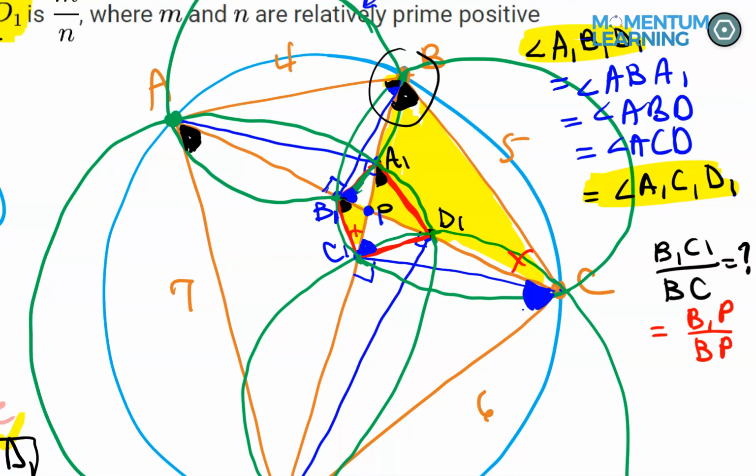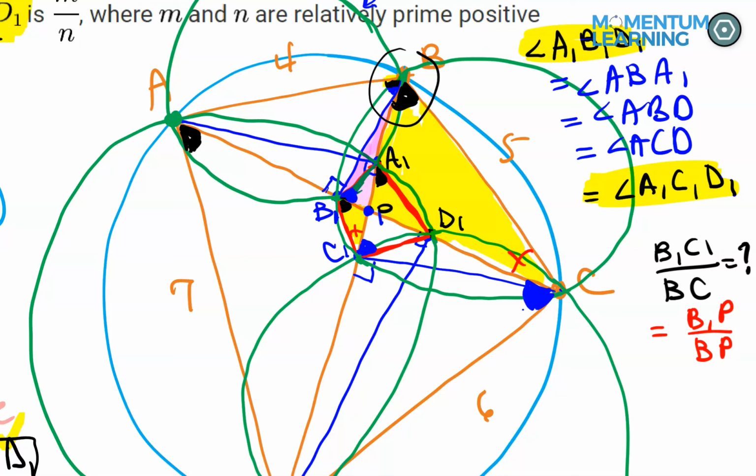Well, it helps greatly because now if you change perspectivity yet one more time, focus on this red triangle. I don't know if you guys can see that trick that I'm about to pull here, but this is a right triangle. So I'm talking about right triangle BB1P, where there's a right angle at B1.